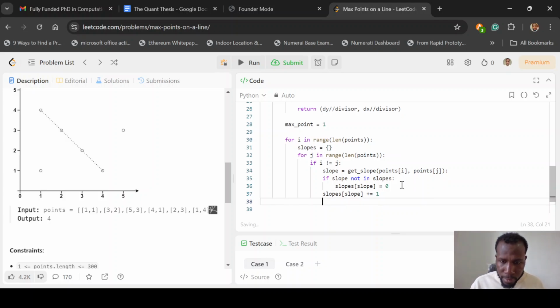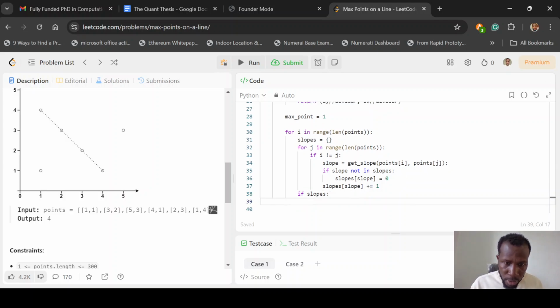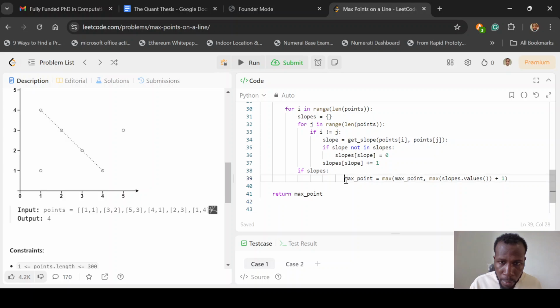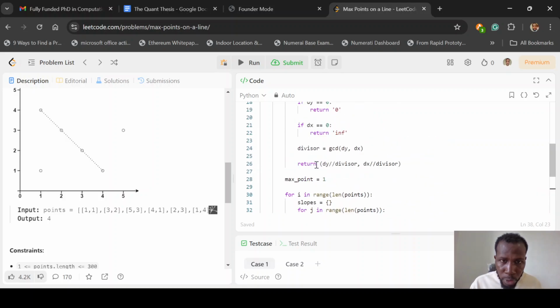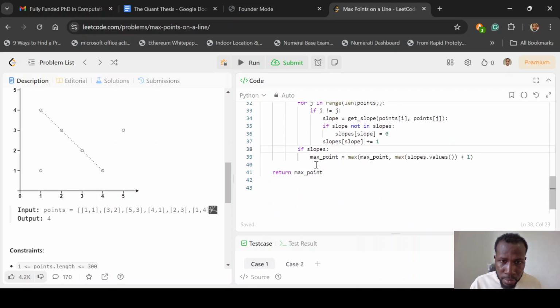And then we just copy this here to the loops, get the maximum point, and I'm going to return this. So I think it will work easily.